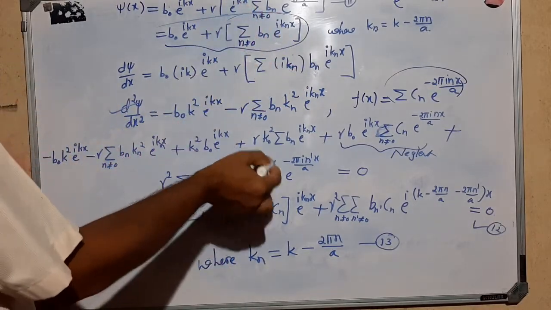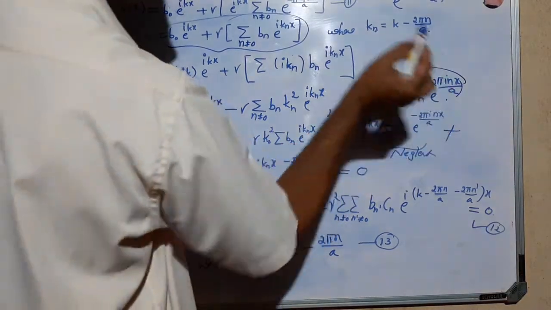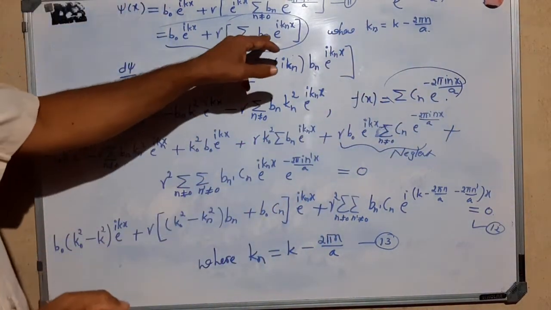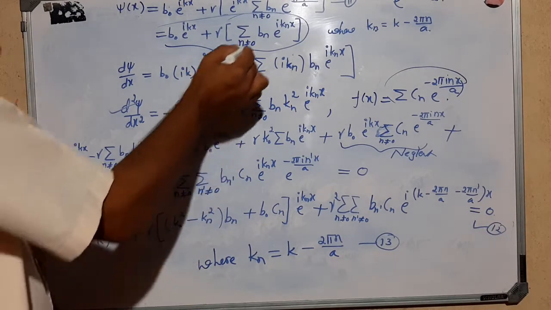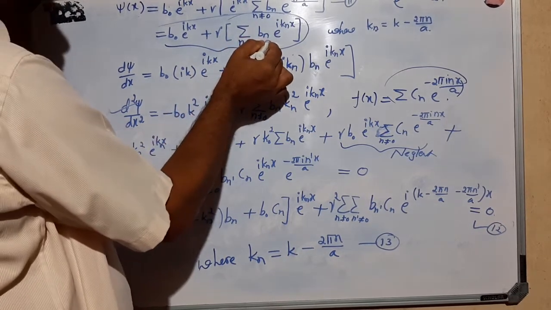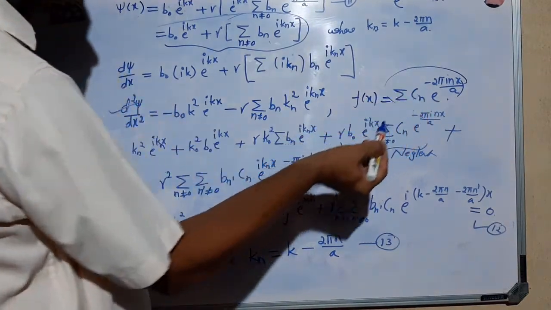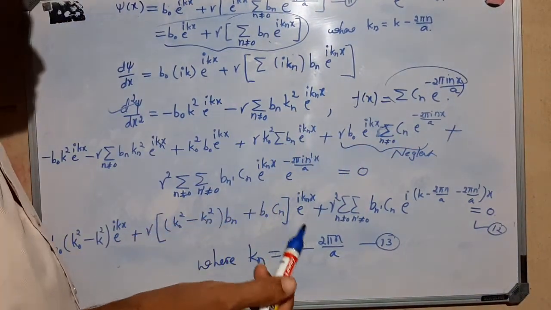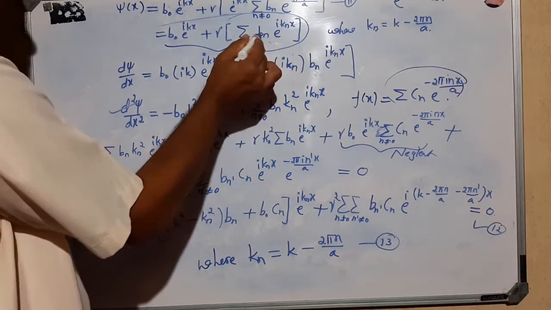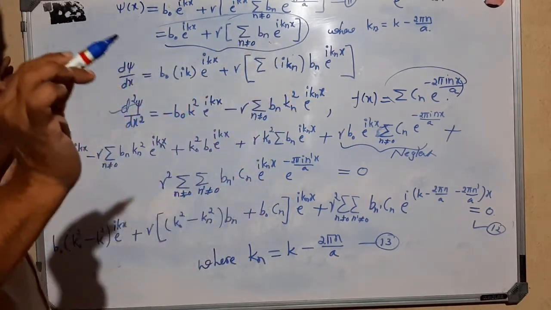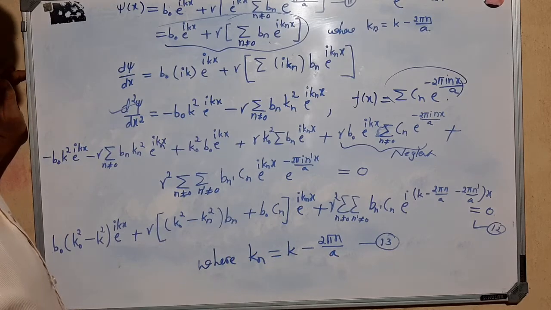Then another cn term comes due to f of x. In both expressions you have n. But if n is equal to 1 in one expression, in the other expression n need not be 1, it may be 2. Therefore in both expressions n need not be the same, it may be different.